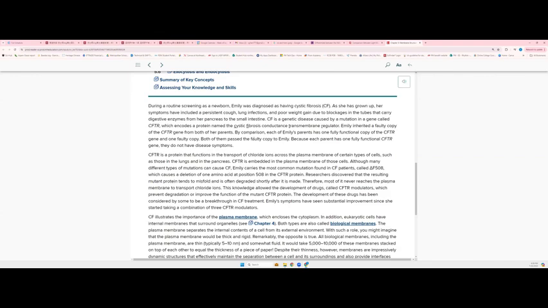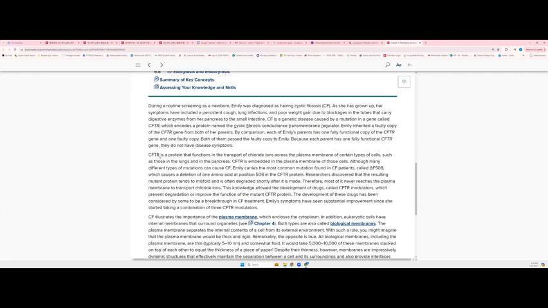This protein is very important for clearing the mucus within the lung, and because it cannot function normally, the lung cannot clear the mucus, so people cannot breathe. That's how it happens.